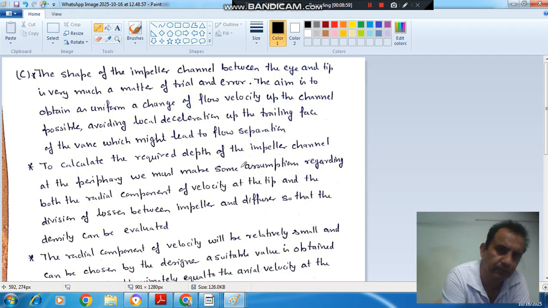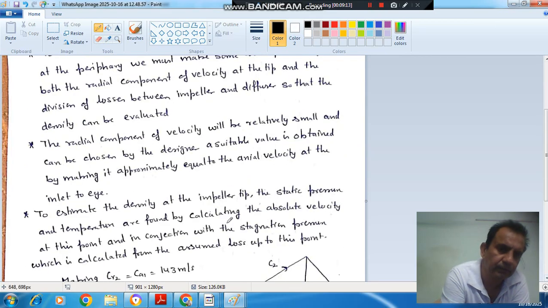To calculate the required depth of the impeller channel at the periphery, we must make some assumptions regarding both the radial component of velocity at the tip and the division of work between impeller and diffuser, so that the density can be calculated. The radial component of velocity will be relatively small and can be chosen by the designer. A suitable value is obtained by making it approximately equal to the axial velocity at the inlet of the eye.